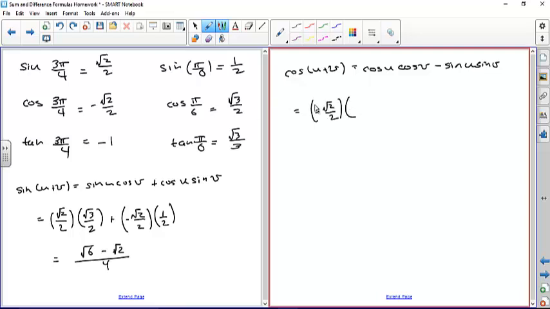The cosine of v is square root of 3 over 2, minus the sine of u, which is square root of 2 over 2, times the sine of v, which is 1/2. So you see I get negative the quantity square root of 6 plus the square root of 2, all divided by 4.